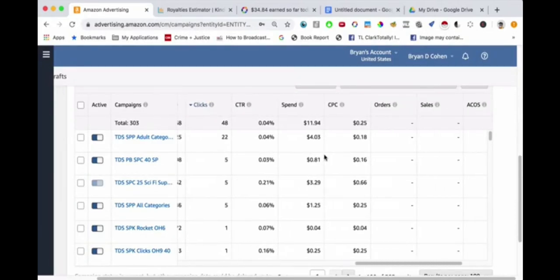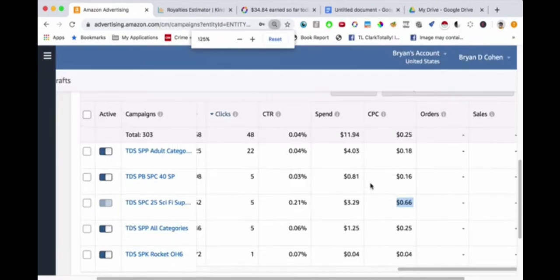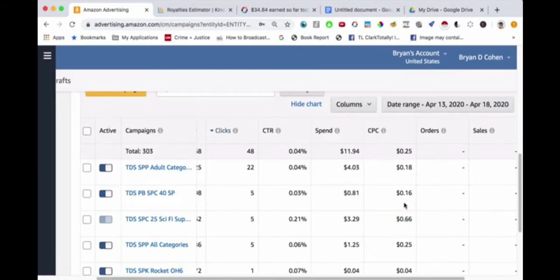I might say, look at this. Look at this cost per click. Now, this is an experiment I was doing beyond the scope of the challenge, but I notice here, this is a 66-cent cost per click. Now, this one's already turned off, but that's higher than 30 or 35. So you might want to check, did I do anything wrong there?